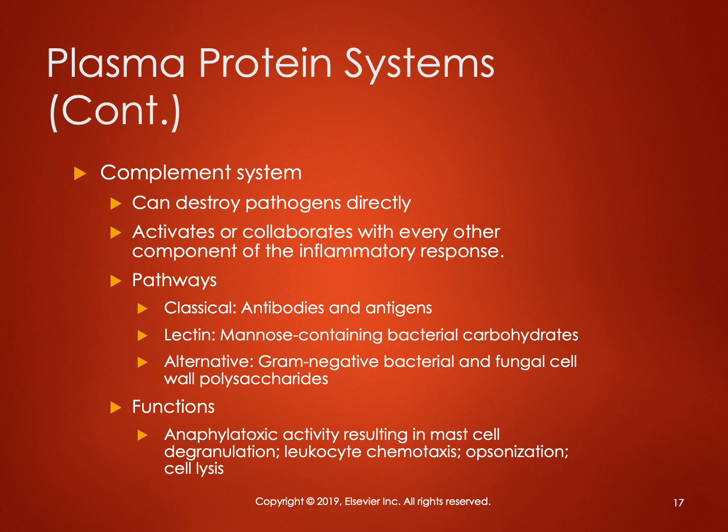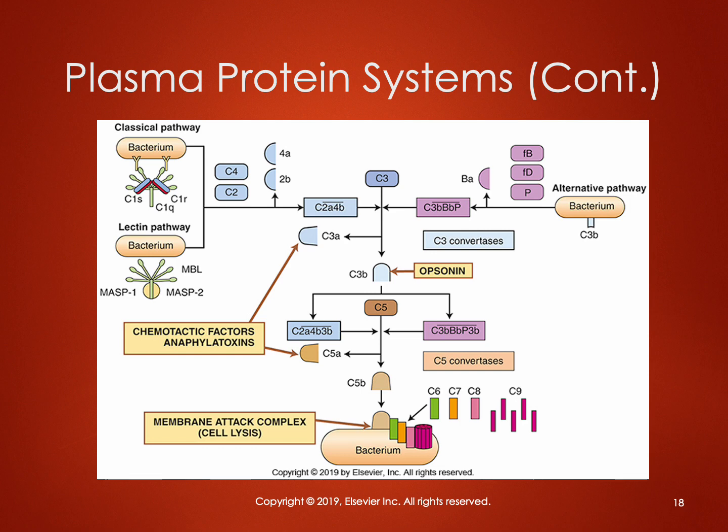Once the C3 is activated, it then leads to the C5, and thus it converges with the classical pathway. Now, this slide just gives you a visual representation of what we just discussed about the classical pathway, the lectin pathway, and the alternative pathway.